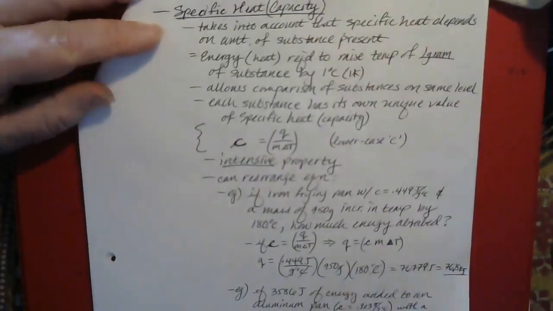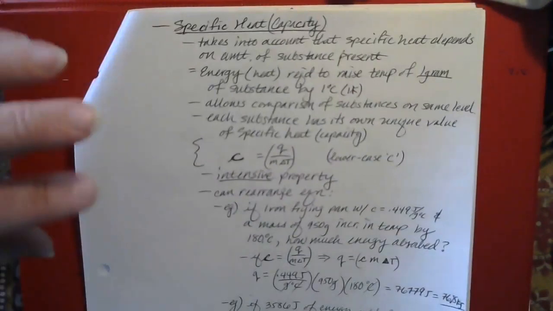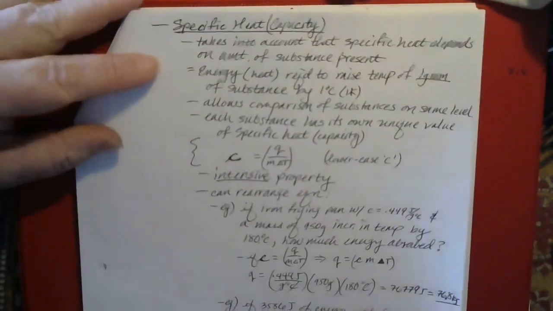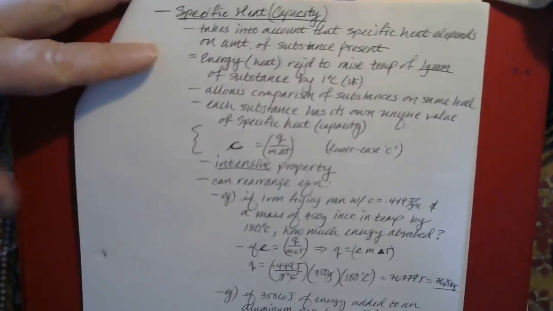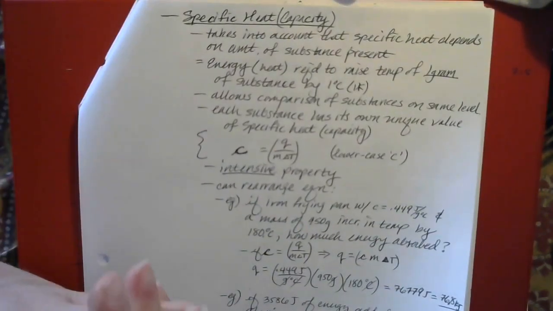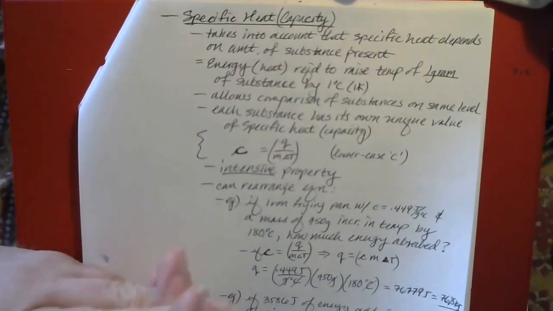All right, moving on, the specific heat. Now, the book calls it specific heat capacity. So I included that word the first time, but most books refer to it as specific heat, and so that's what I'm going to call it. The specific part means that it's specific to the amount of substance present.